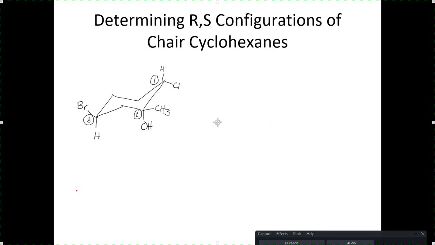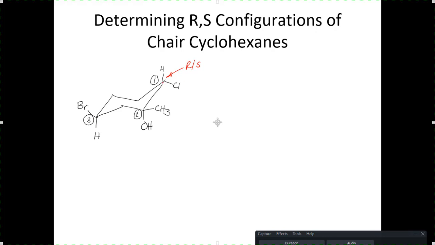So now let's talk about determining R and S configurations for chairs and those Newman projections. And so if I gave you a problem like this and said, what is the configuration of carbon 1? Is it R or S? Let's do the first one, and then I'll ask you to do the other two as the quiz questions.